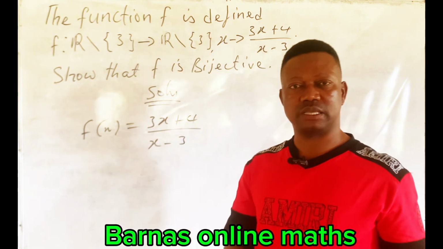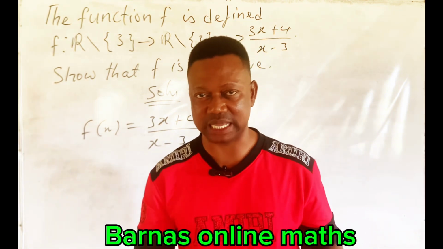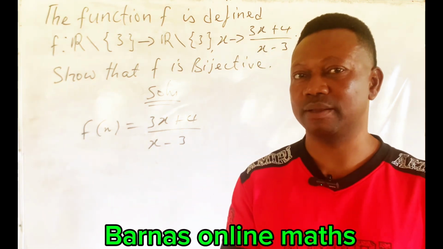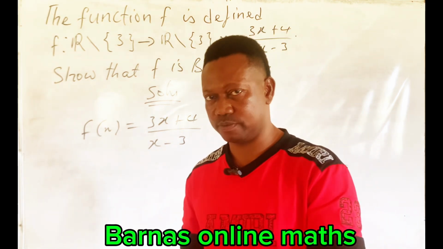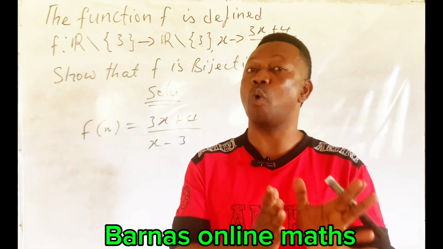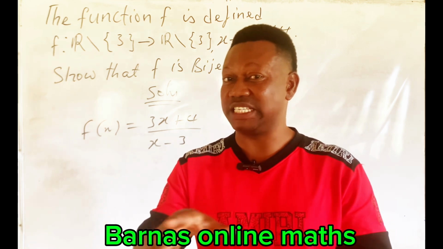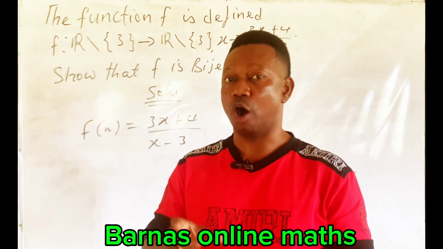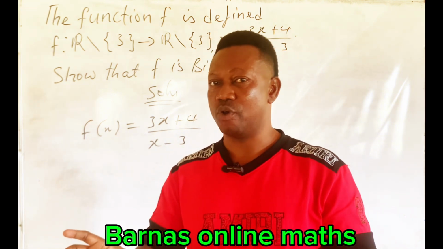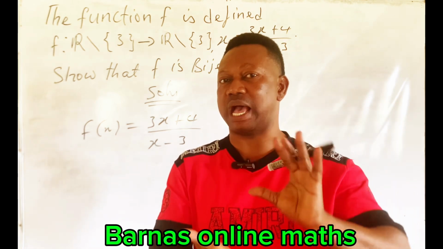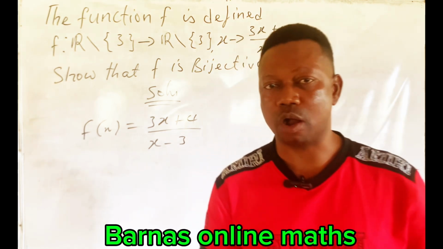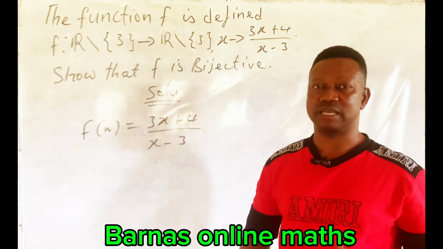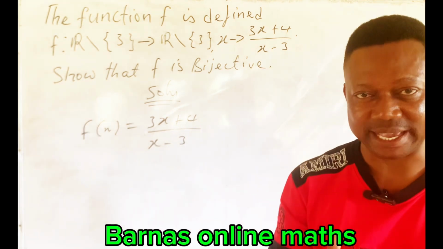You must know that for a function to be bijective, that function must be one-to-one and onto. So once a function is one-to-one or injective, and it is also onto or surjective, once these two conditions are satisfied, we conclude that the given function f of x is bijective.